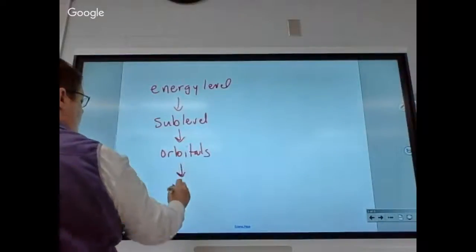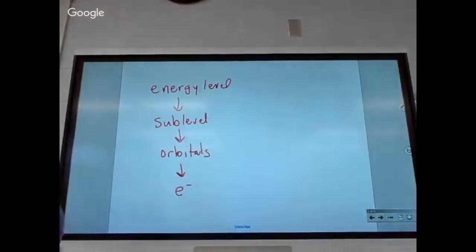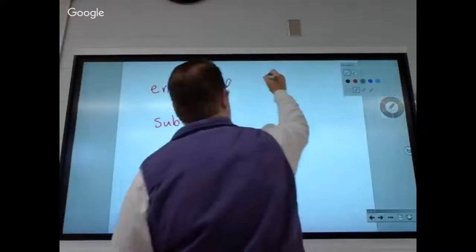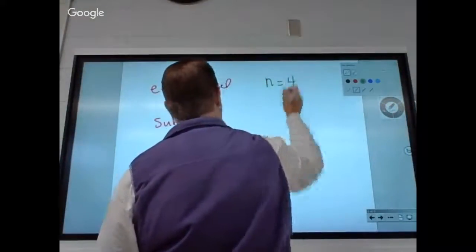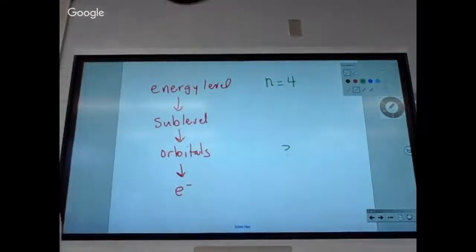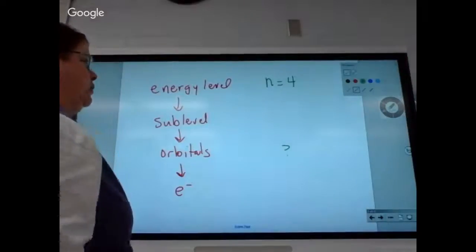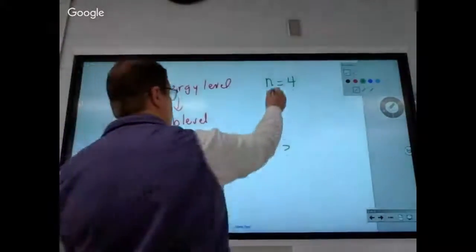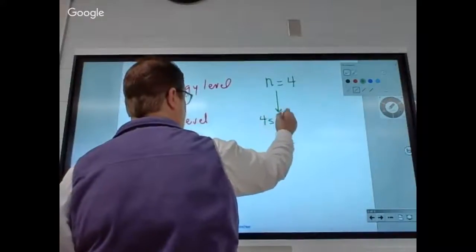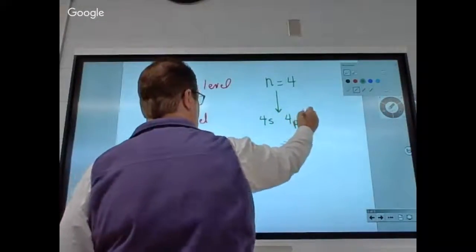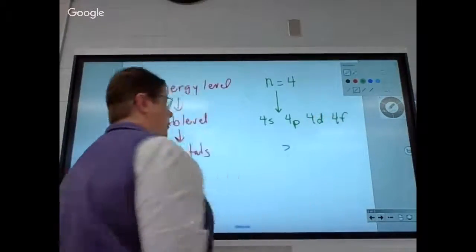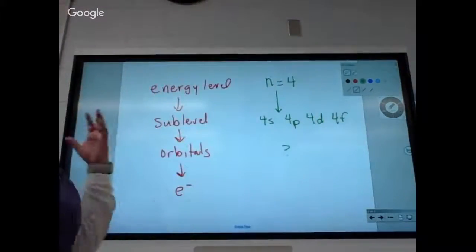Orbitals have what? Electrons, right? So in the question, I said energy level of 4, and I'm asking you how many orbitals. How many sublevels would there be? 4. So their names are 4s, 4p, 4d, and 4f.